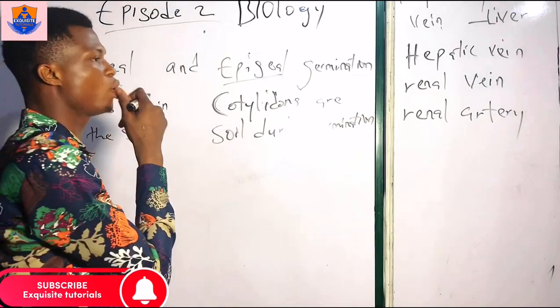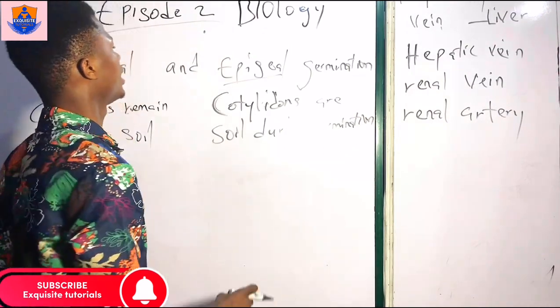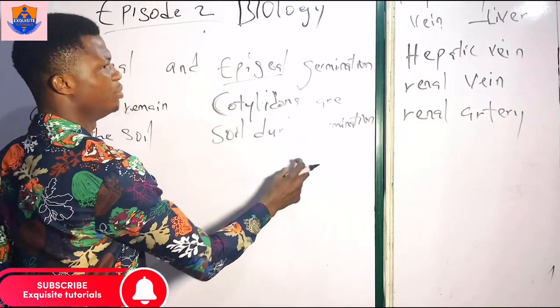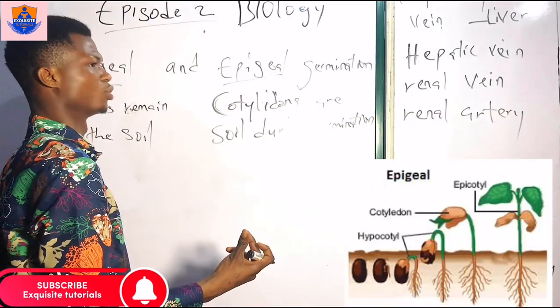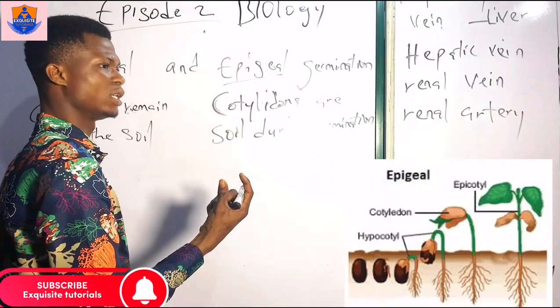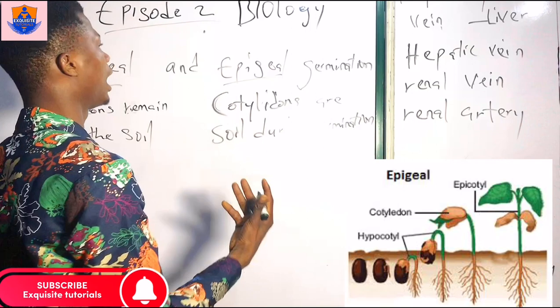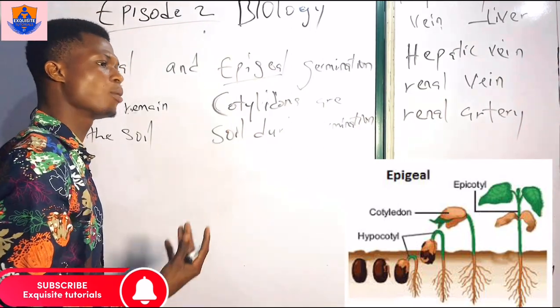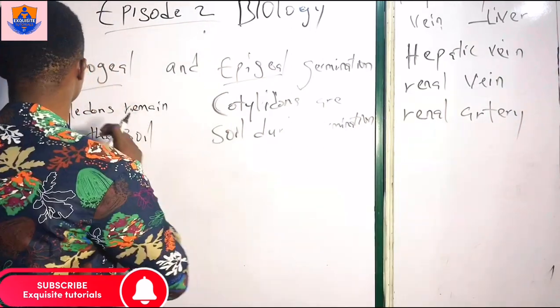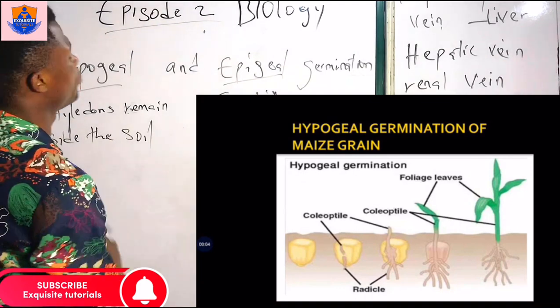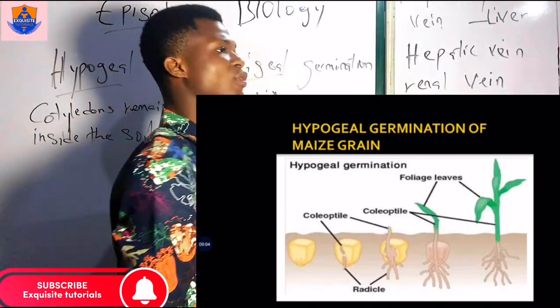An example of a plant that carries out epigeal germination is beans. When the beans are growing, you see that the cotyledons are outside. It comes with the cotyledons, they are outside. But maize is an example of hypogeal germination, it does not go with the cotyledons.